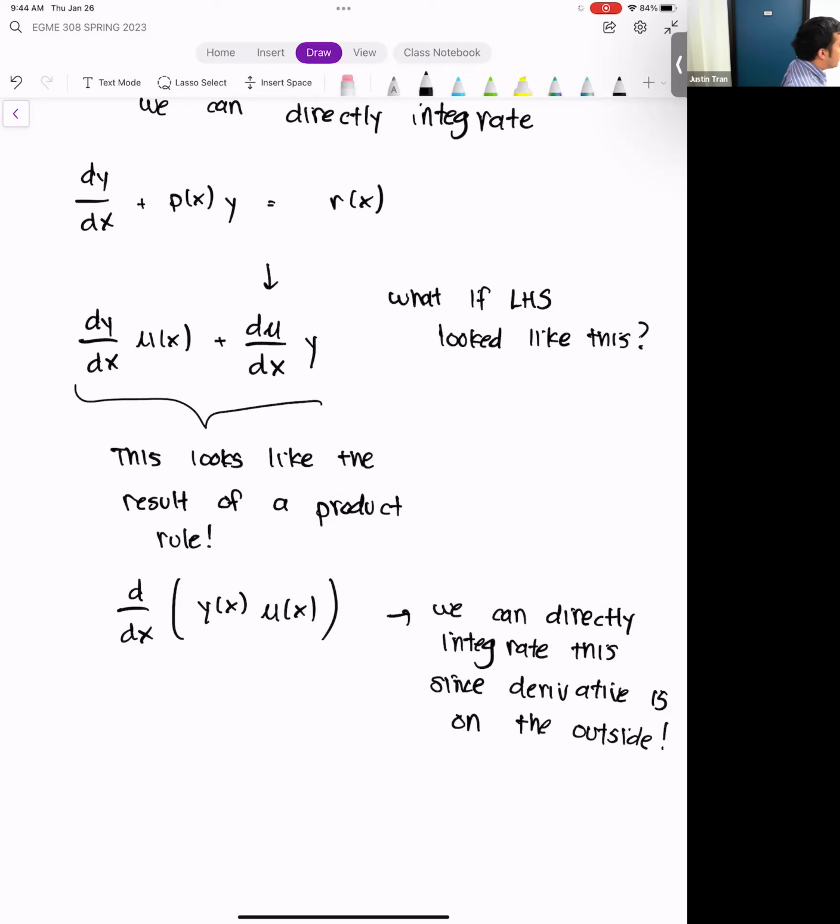Since the derivative is on the outside, it's acting on all of the functions on the inside, we can directly integrate this.